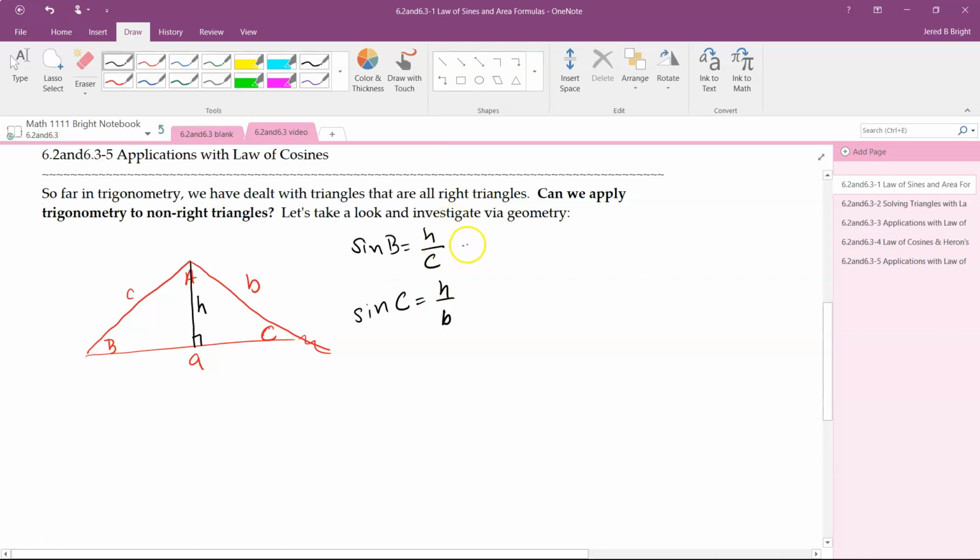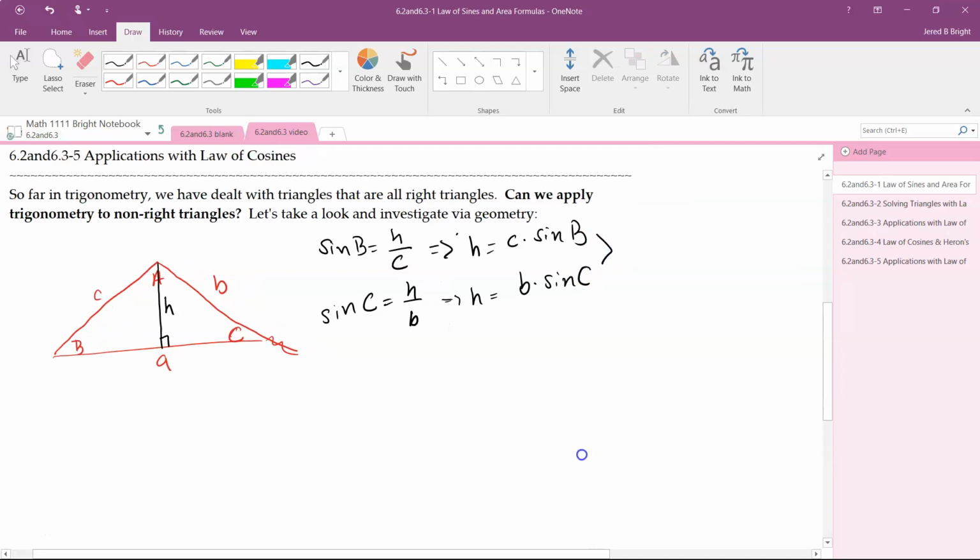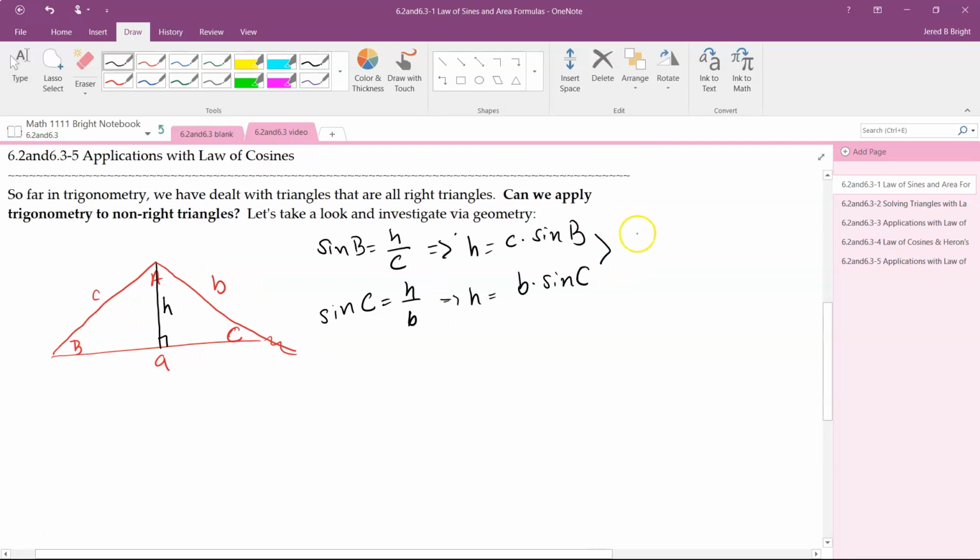I could solve each of these independently for h. If I solve those, I get h is equal to c times sine of B, and similarly h is equal to b times sine of C. That's capital C. With these two equations together, since they are both equal to h, I can set them equal to each other.